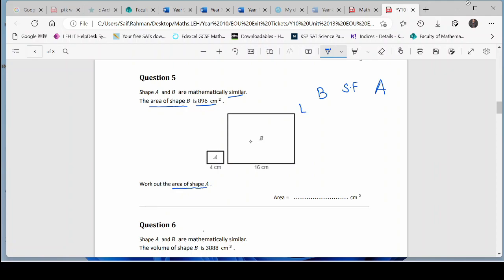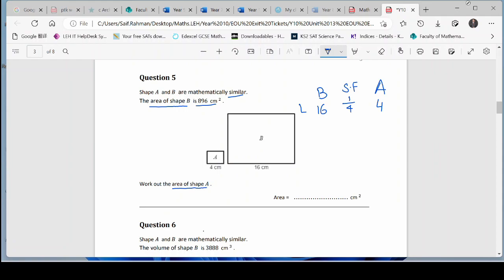First, we look at the length of B, which is 16, and the length of A, which is 4. So here, this one is 4 divided by 16. That gives us 1 over 4. So A is 1/4 of B. The length gives us this one.